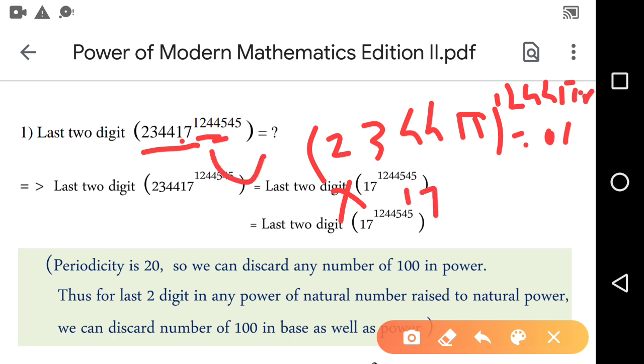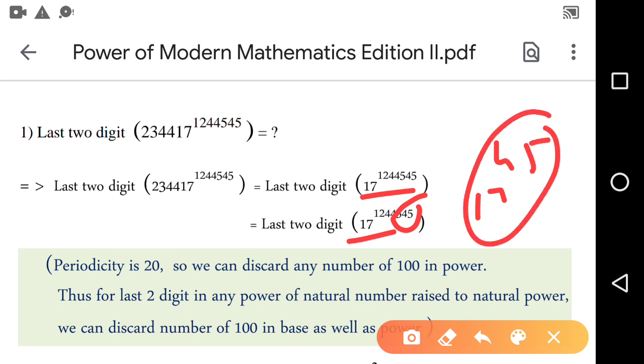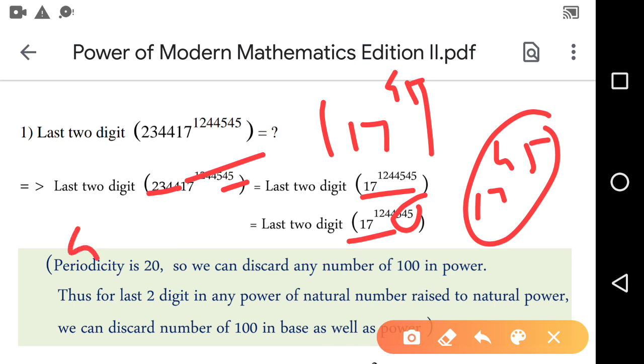Now the last two digits of this are nothing but the last two digits of 17 raised to 45. For the last two digits, the shortcut is to keep only the last two digits in the power as well as in the base. Now the periodicity of the last two digits is 4 into 5 raised to 2 minus 1, that is 20.